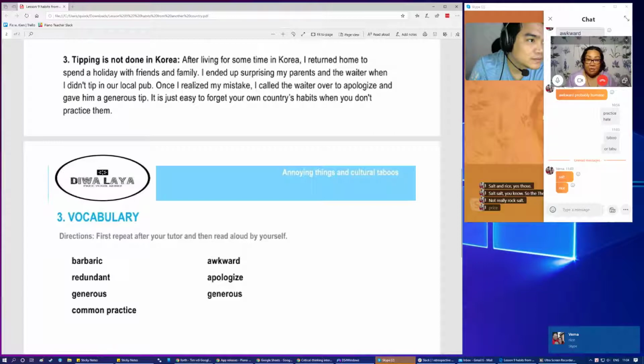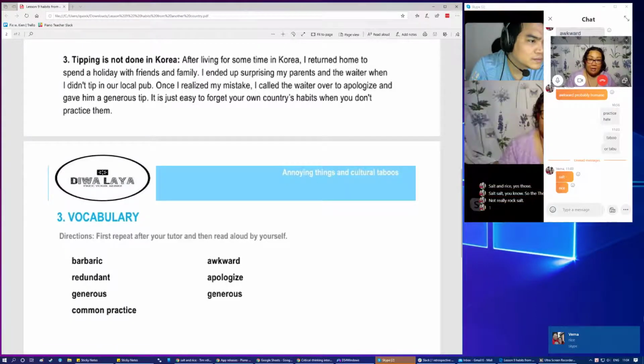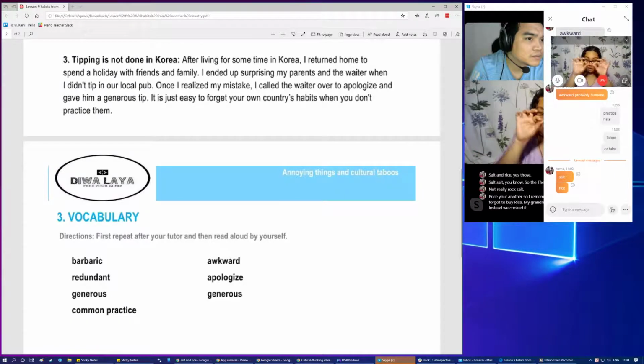I remember one time, a neighbor forgot to buy rice. My grandmother would not allow us to give rice. Instead, we cooked it and gave them cooked rice already, because you're not allowed to give uncooked rice to neighbors.